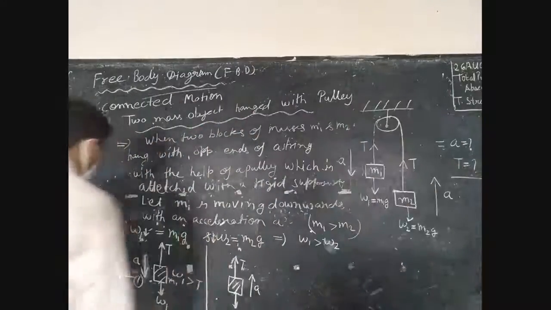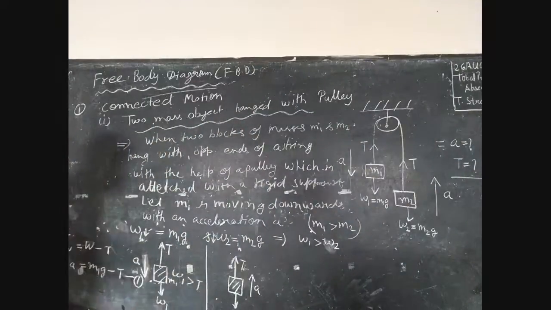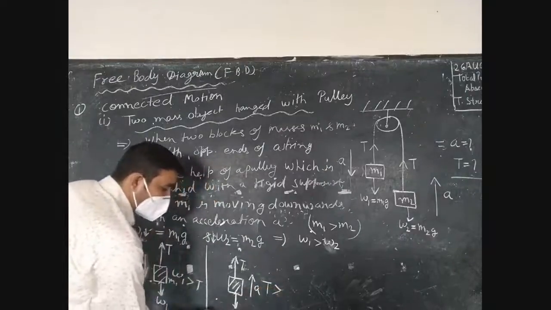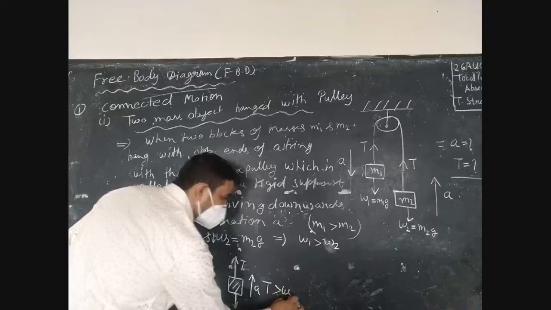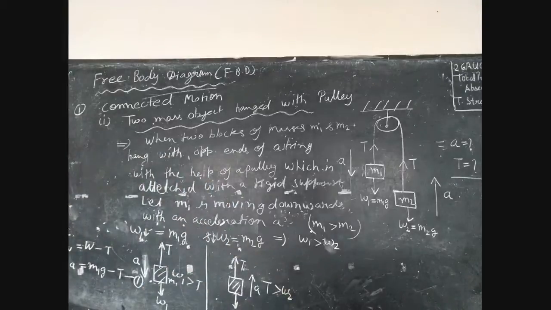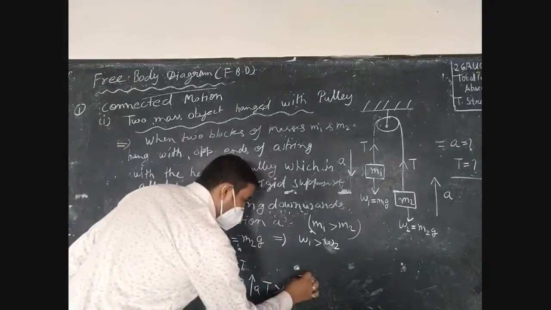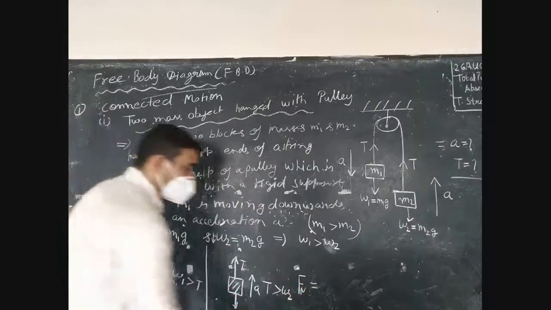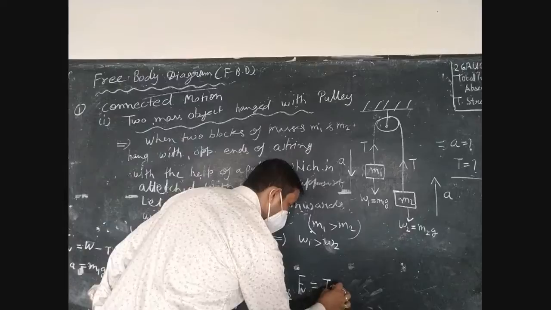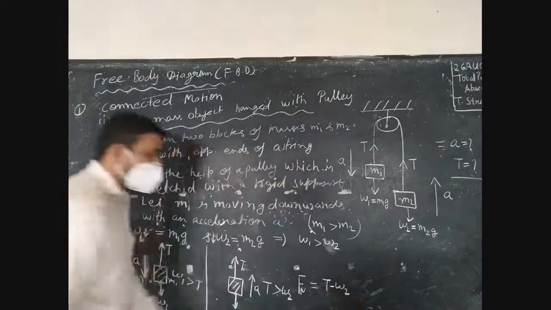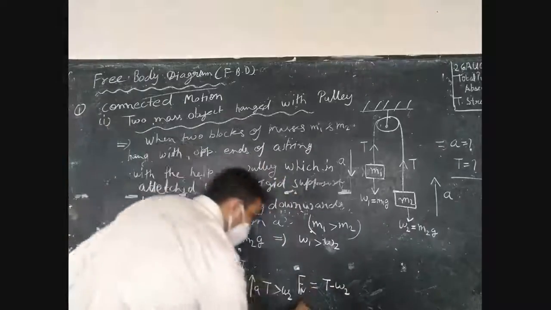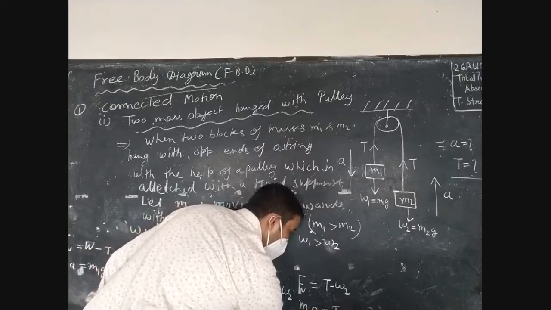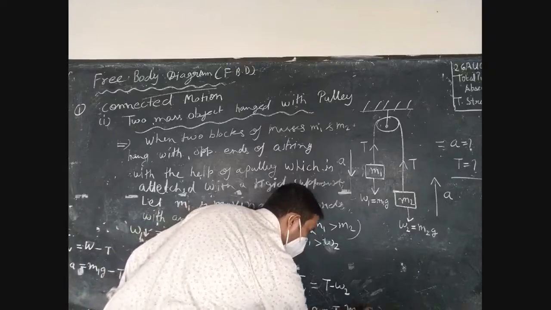Okay, now solve it for the second. What is greater? The answer is, in the second case, T is greater than W. So the net force appearing here, Fn, is equal to T minus W2. Clear? Now calculate the equation. You will get m2a is equal to T minus m2g.